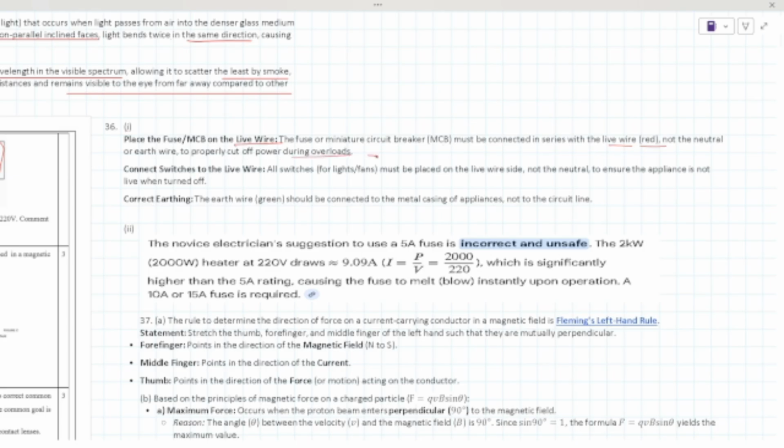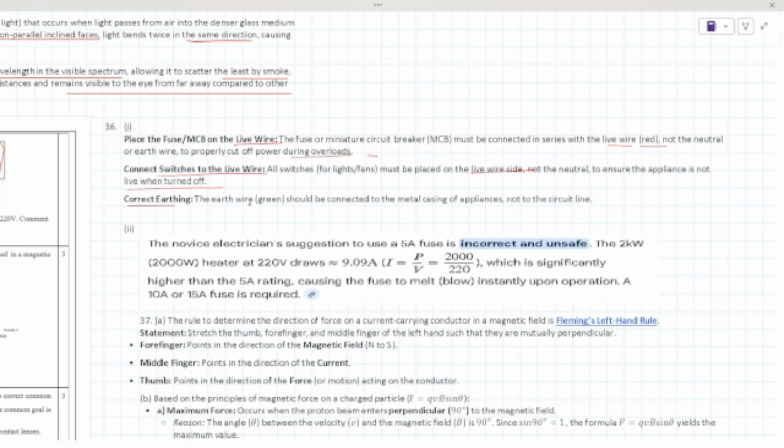Then the second point: connect the switch of the light to the live wire side, right? Not the neutral wire, so that the light is off when the switch is turned off.